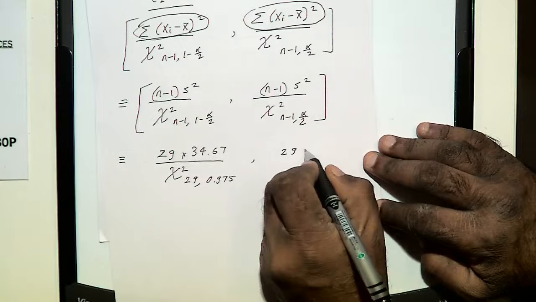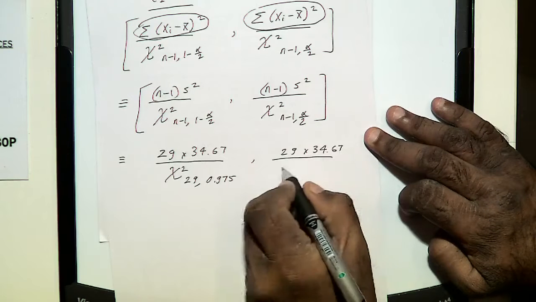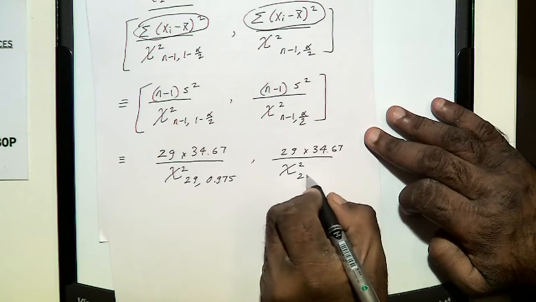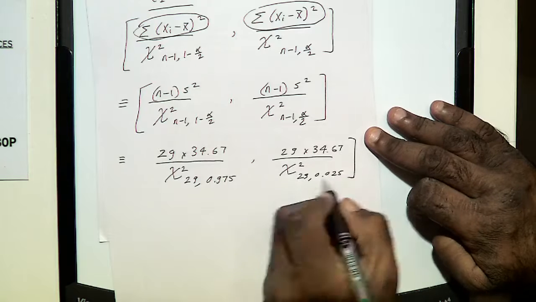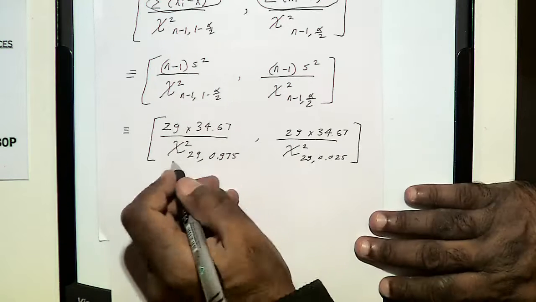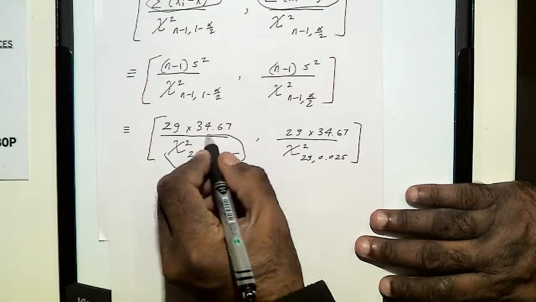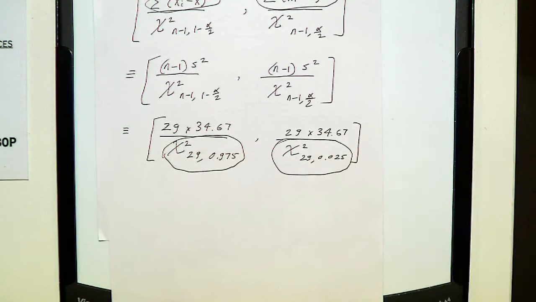The same thing here. Okay, you can read these two guys here. You can read this guy and you can read this guy from the table for the chi-squared.